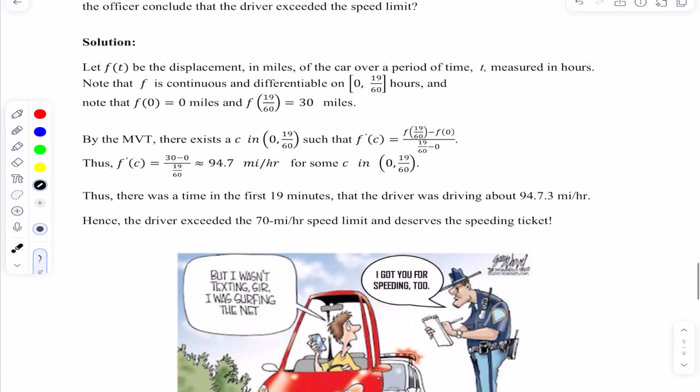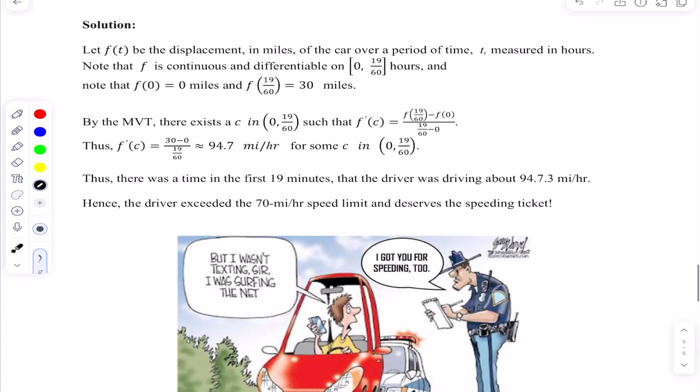And the solution, in this case, requires some thinking along the lines of calculus. The car that was traveling didn't travel in a time machine. It didn't disappear. So the car that traveled along the highway had to travel continuously.